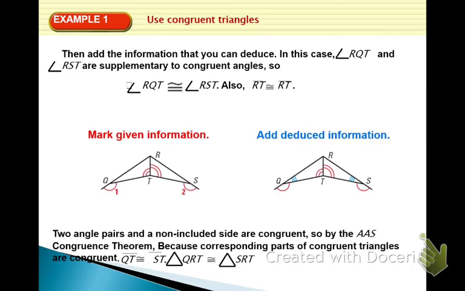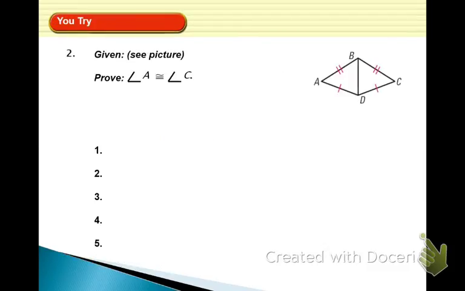Now, one thing: you always use CPCTC after you say triangles are congruent. You will never use CPCTC until you've shown triangles are congruent. So it won't make sense in a two-column proof to have CPCTC above congruent triangles. You'll see when we do some more examples.